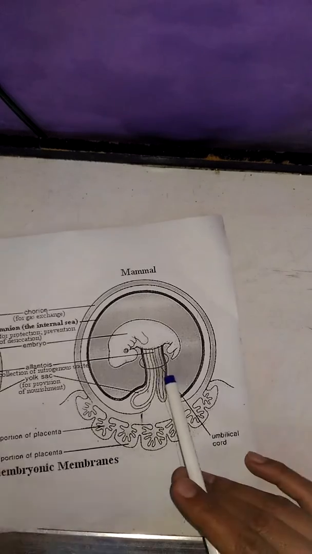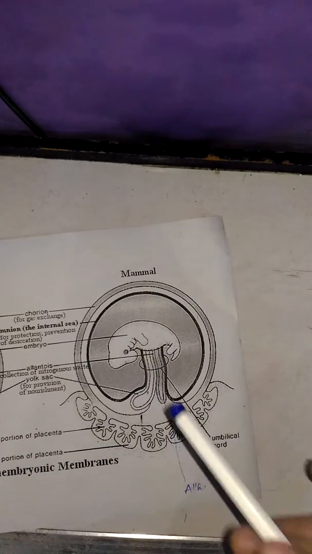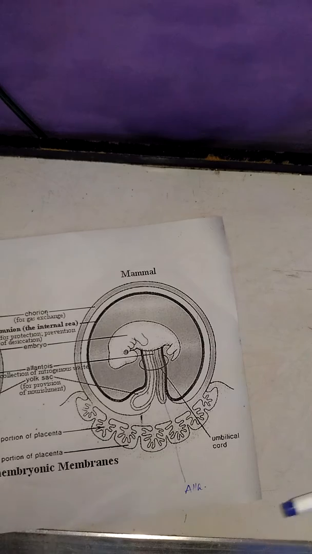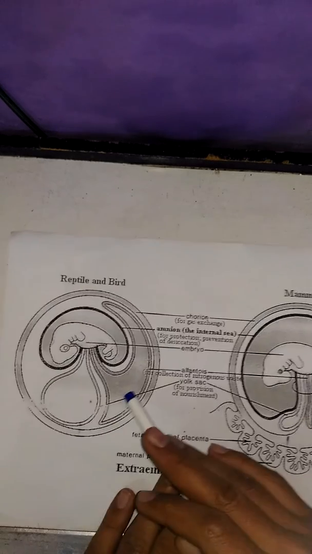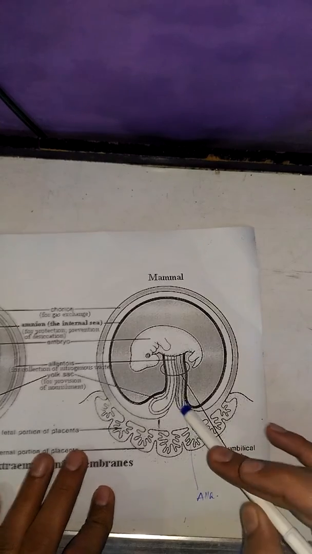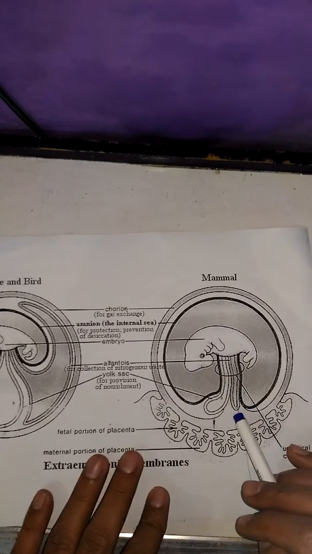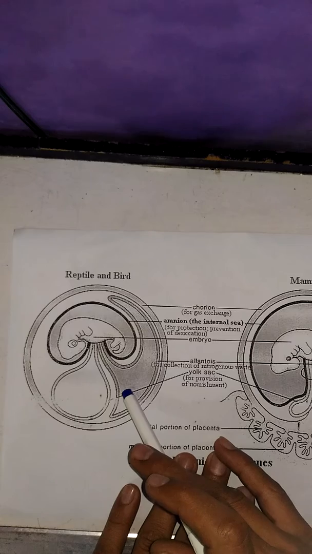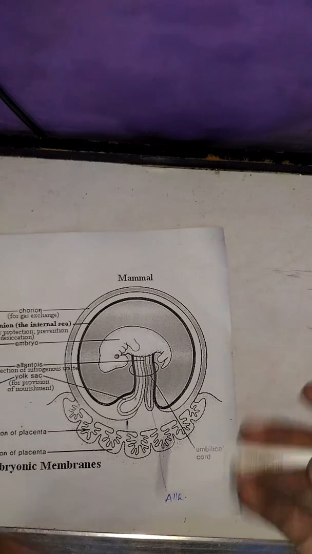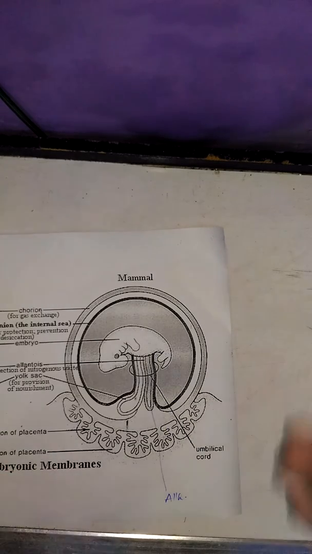What is the reason? Because in mammals, the embryo gets all the nourishment from the mother's bloodstream. And the allantois, which is this one, is also small in comparison with that of the reptile or bird. Why? Because the waste product produced by the embryo will be given to the mother, and the mother will take care of it.